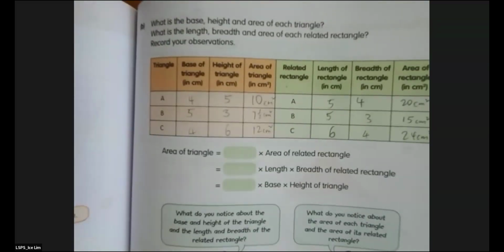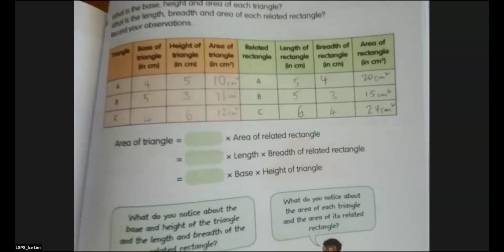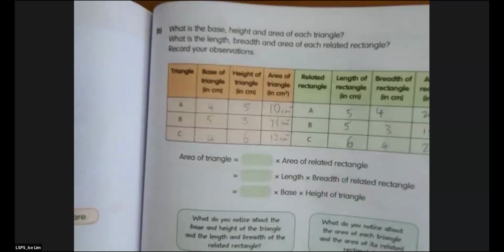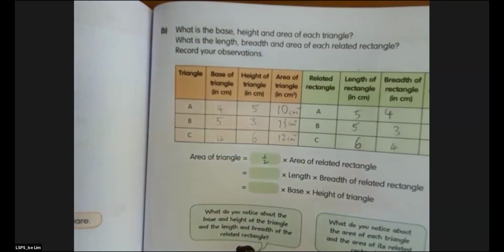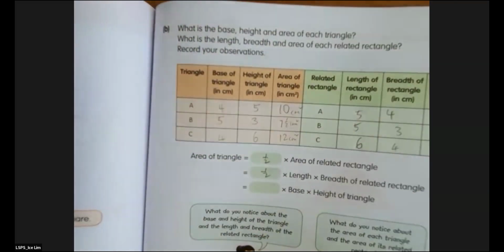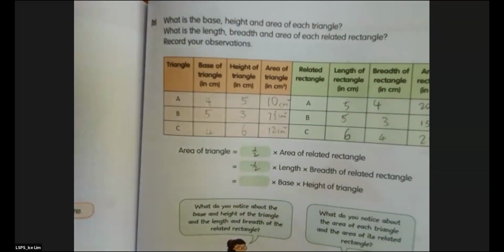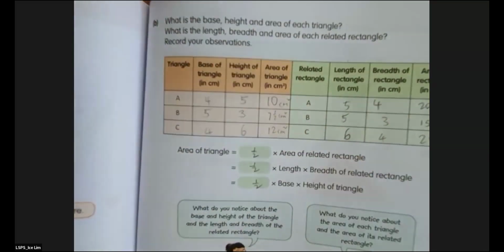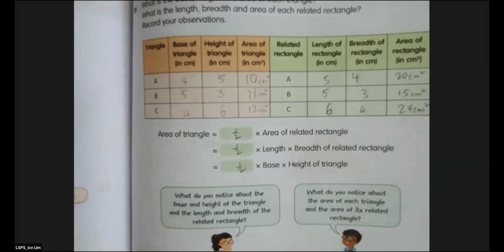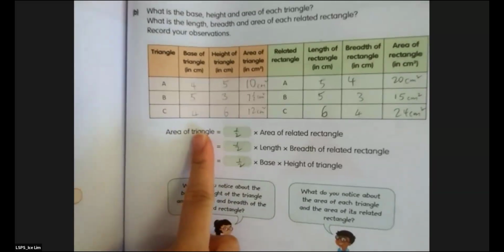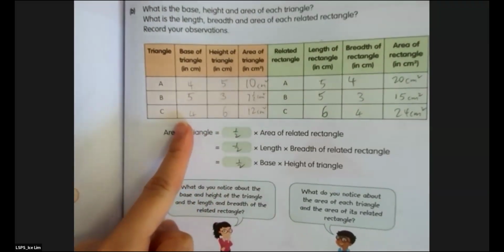Which actually will give you 12 ways. It's half. So the area of the triangle will be half times the area of the related rectangle, half times the length times the breadth of the related rectangle. Because half times base times height, that was where this formula was coming from, which we actually talked about last week already using the robot.